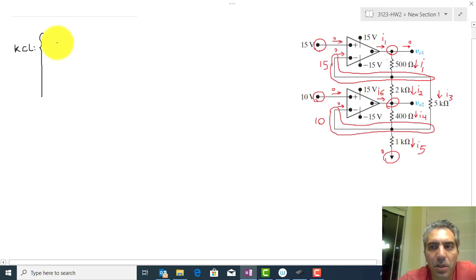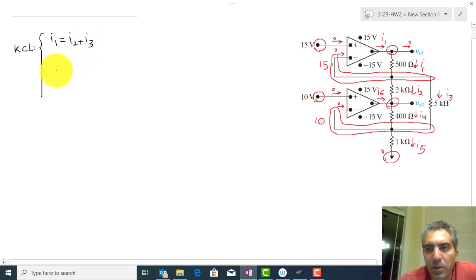So the current I1 is going in, and I2 and I3 are leaving the node, and this current is 0. I1 is equal to I2 plus I3.